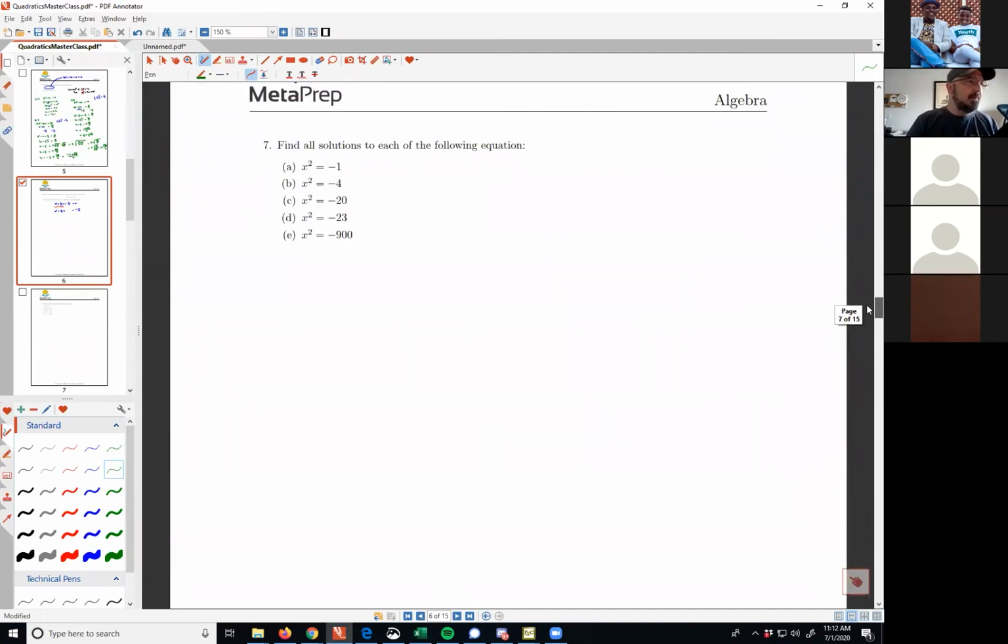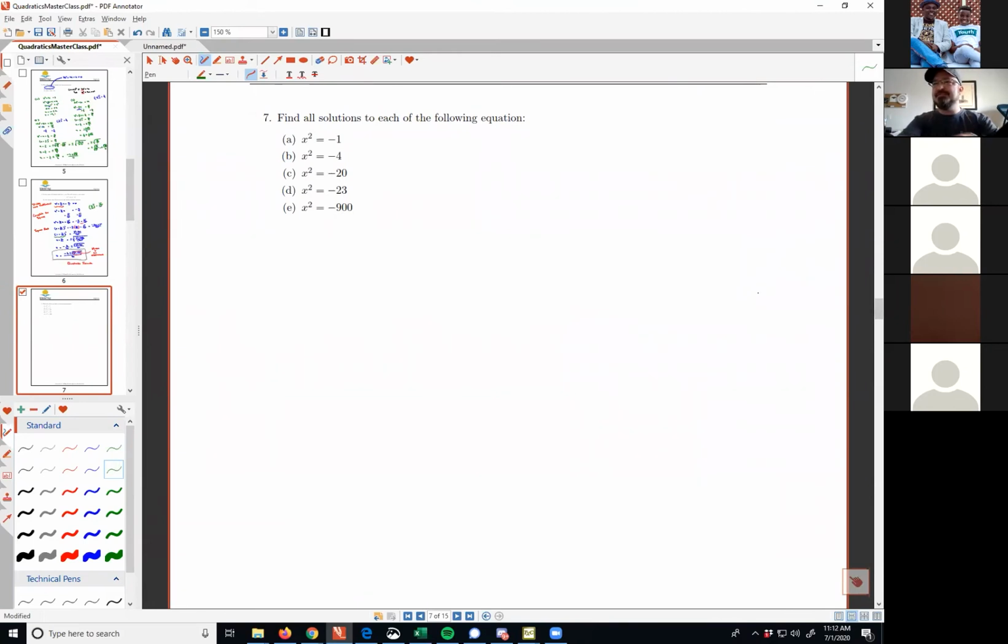Okay. X squared equals -1. How do we take the square root? Isn't it sort of impossible because you can't find the square root of a negative number, because any negative number squared will be a positive?